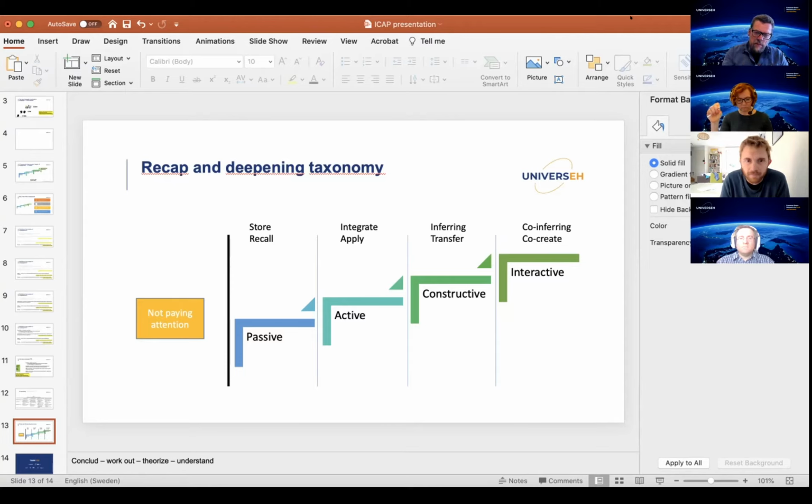But the biggest difference is when we go from active to constructive, because in constructive, we demand that the students go beyond the information and generate conclusions or understanding that are not presented to them. So they need to bring that, and that helps them to transfer the knowledge to different situations, because they have figured out what the meaning is for them, and then they could use it in a context that they are living in.